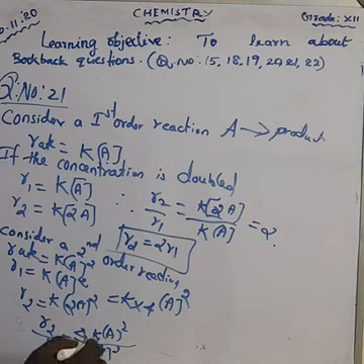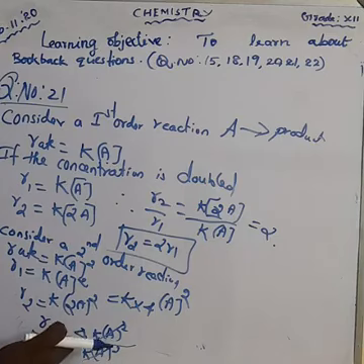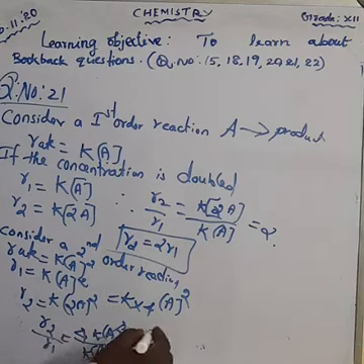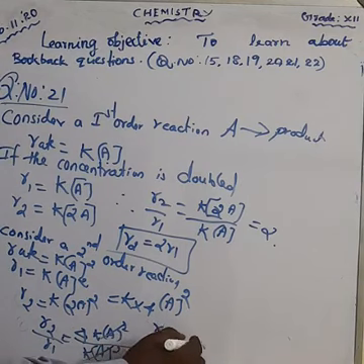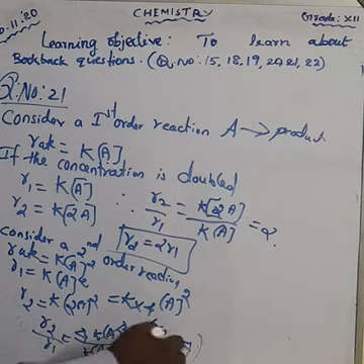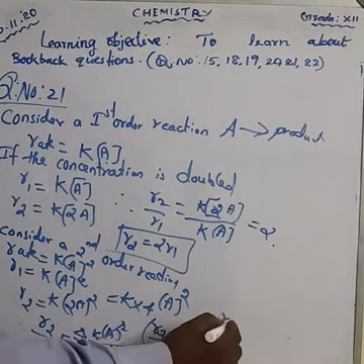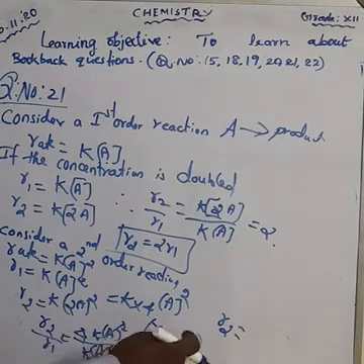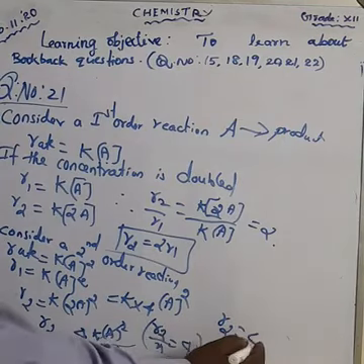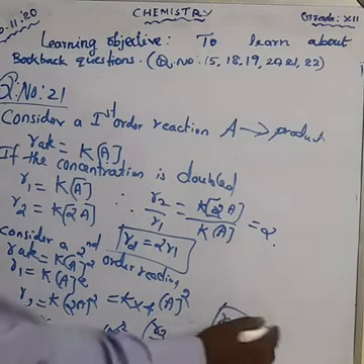So what's the answer? We get 4. R2 by R1 is equal to 4. So R2 is equal to, by cross multiplication, 4 R1. This is the answer.